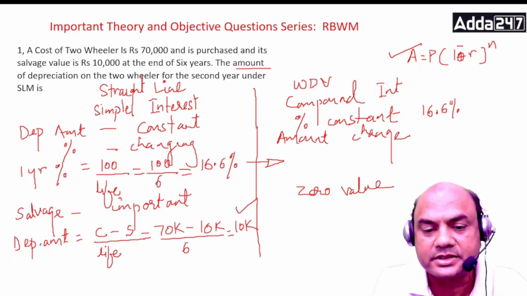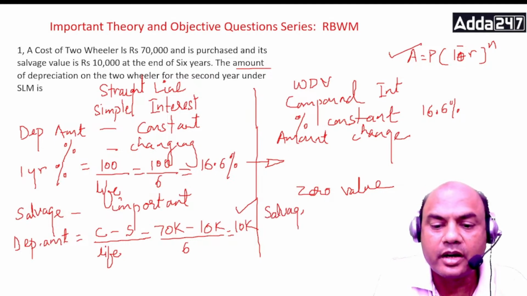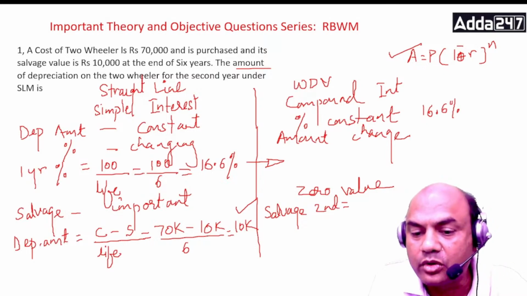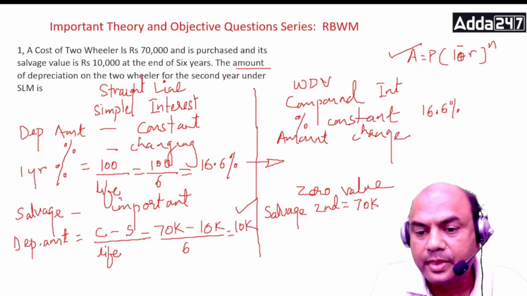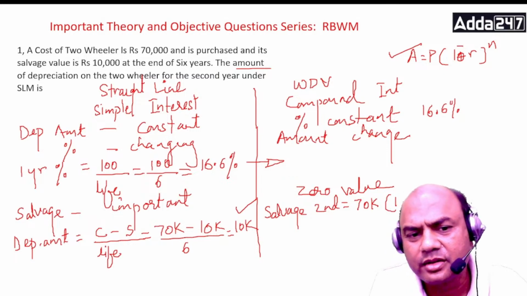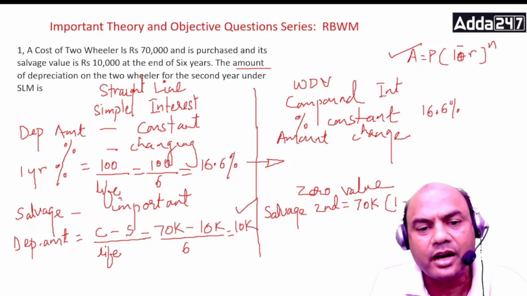Here, it's like this. It's the same formula, A equals to. So salvage value after second year. So it will be what? P into, what is P? My cost, 70,000. 70k into 1 minus, what is R? Do you know the R over here? We have just now found out 16.6, isn't it? 100 upon life.